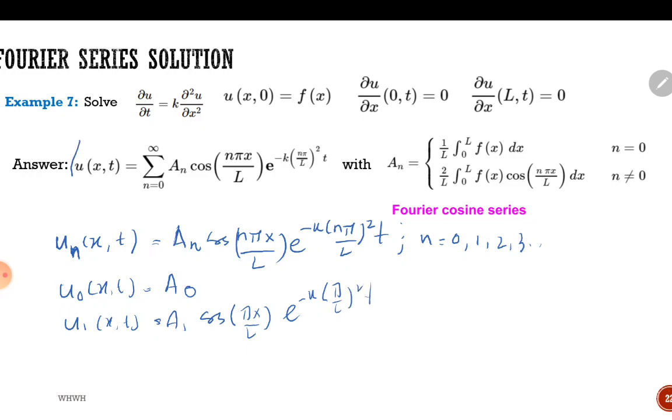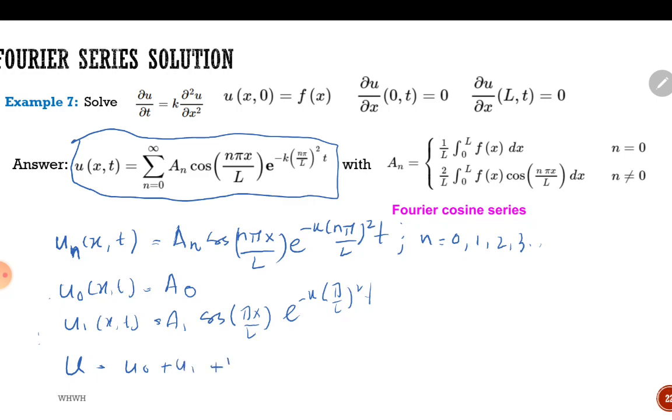So the final answer here sums up all these solutions, because u is equal to u naught plus u1 plus u2 and so on. That's why the general solution will be the summation from n equals 0 up to infinity of a n cos n pi x over L e to the power of minus k n pi over L square t.